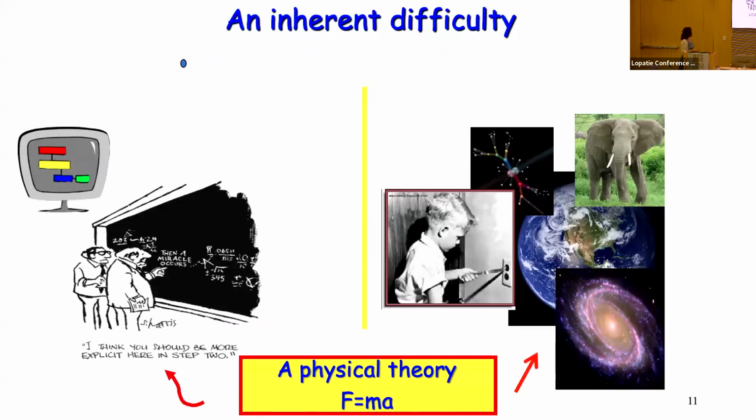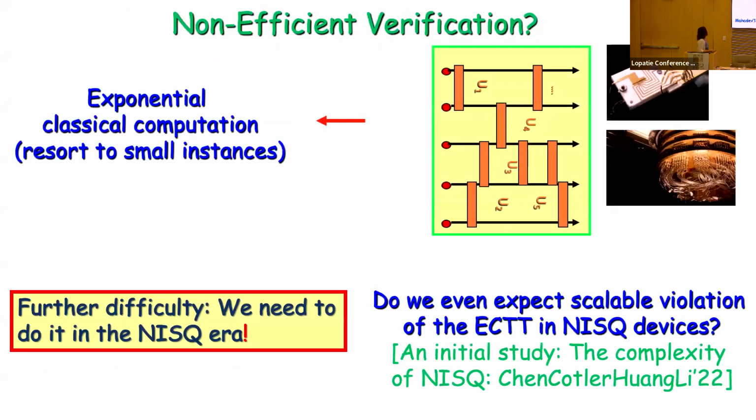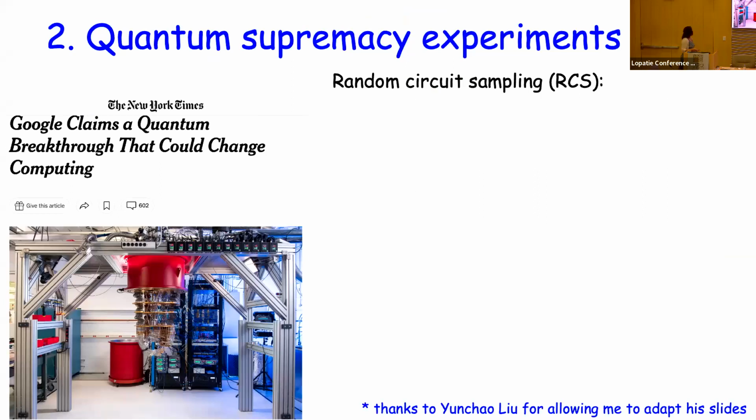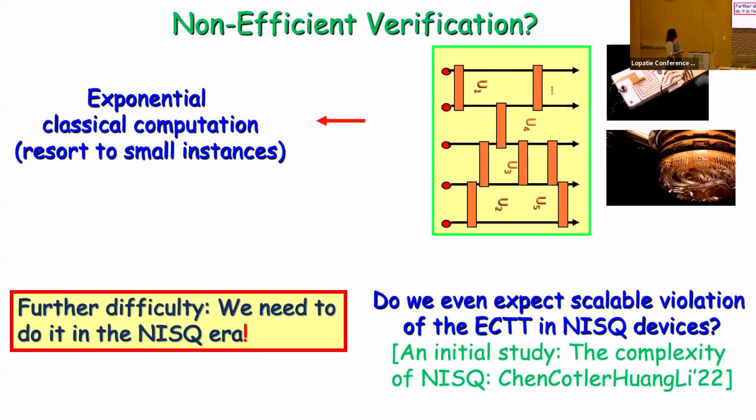Okay, so back to this question. We are looking for such evidence, and we're looking for it in the context of NISQ. I'll explain what NISQ is in the last 5 minutes of my talk, but for now, I'm just referring to NISQ as quantum computers without error correction.